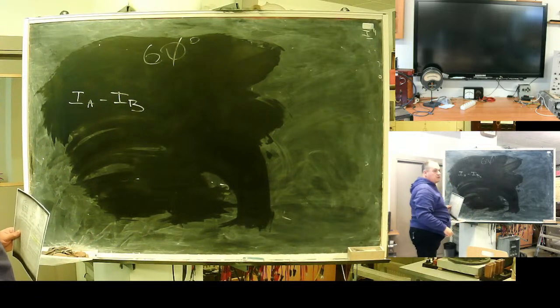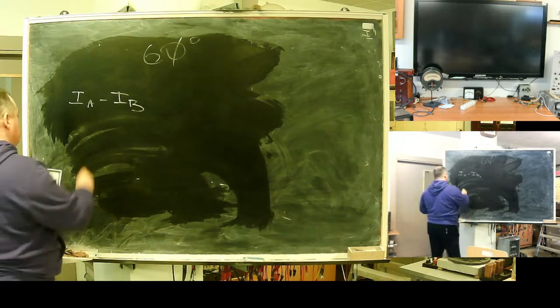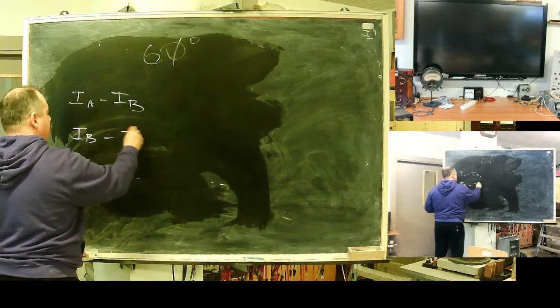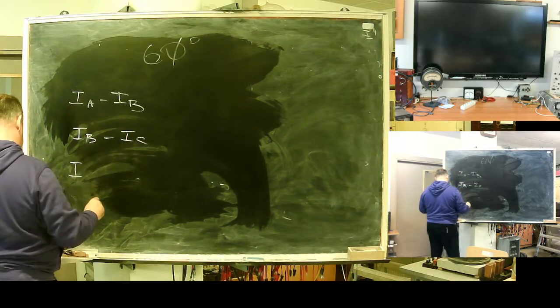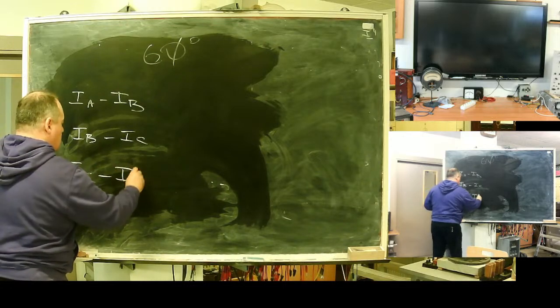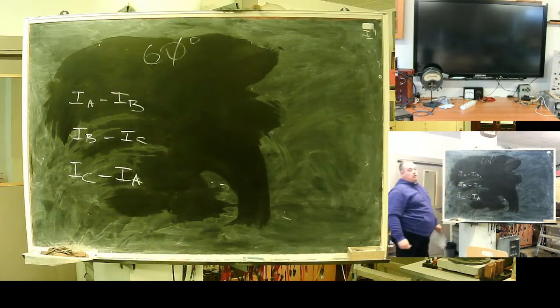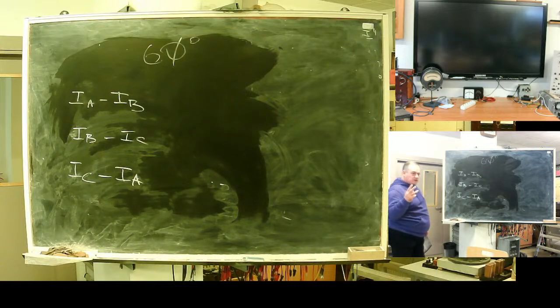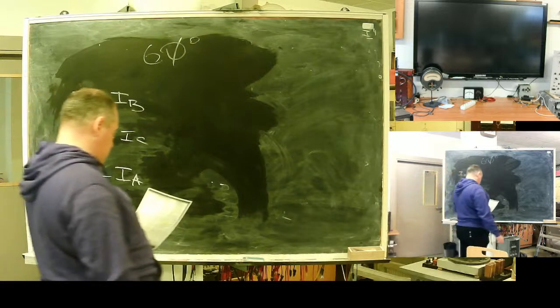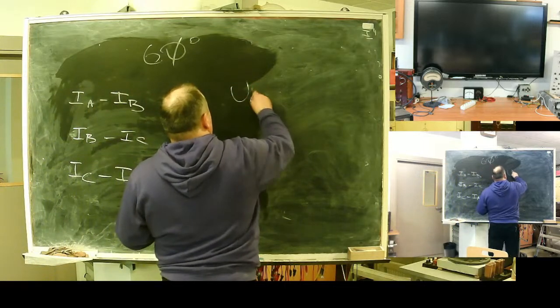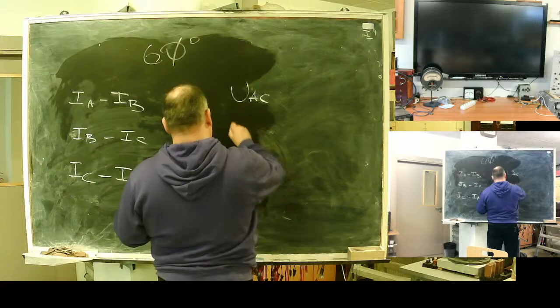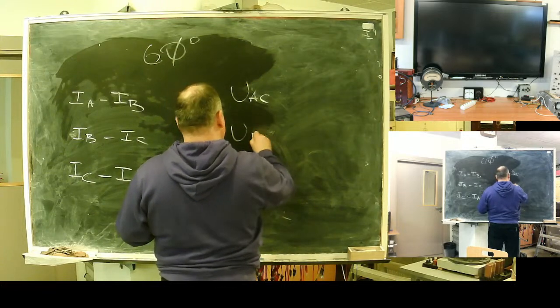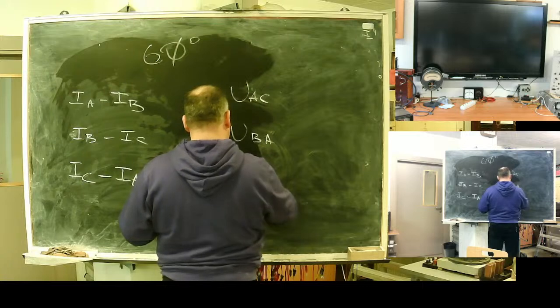It's intended to work from differential current. This directional relay was with two current coils, and voltages AC, BA, and CB.